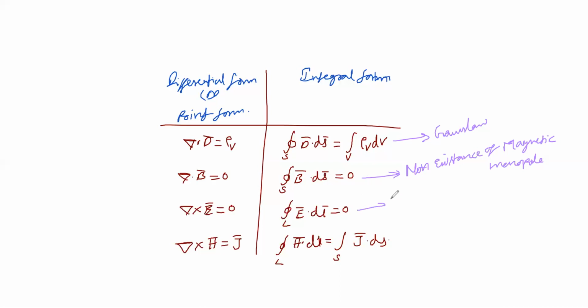The third one is the conservativeness of electrostatic fields. And the fourth one is the Ampere's law.